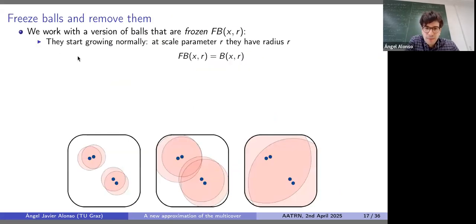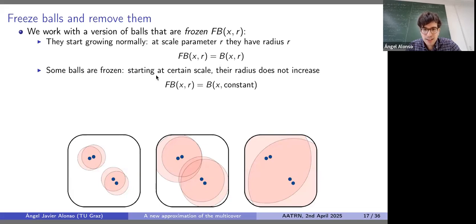We are going to work with a version of balls that are frozen. What do I mean by frozen? Well, at the start, meaning at small values of the parameter r, at small scales, they are going to be normal balls. They are going to have radius r. This is depicted here in this picture. These balls around these 4 points all have the same radius.